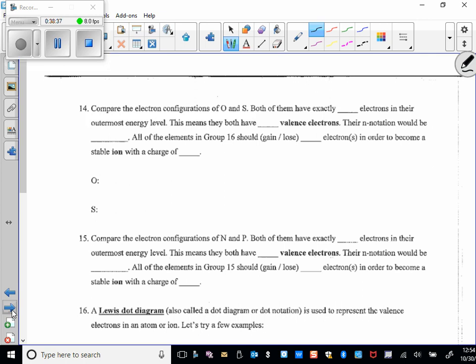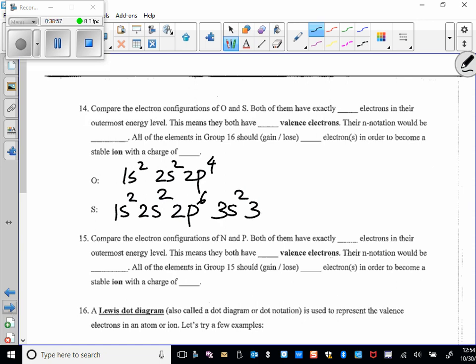All right? Compare. Let's do oxygen's electron configuration. 1s2, 2s2, 2p4 is oxygen. Sulfur is 1s2, 2s2, 2p6, 3s2, 3p4.